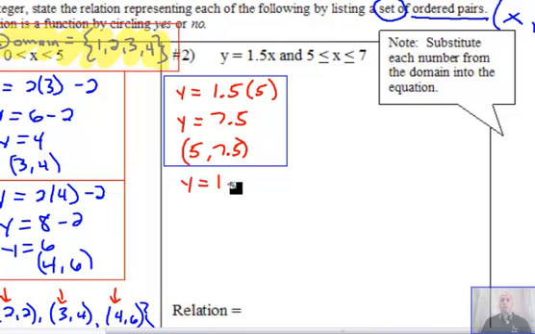So we got y equals 1.5 times 6. Six times 1.5 is 9. Make that look a little more legible. So that ordered pair is 6, 9.